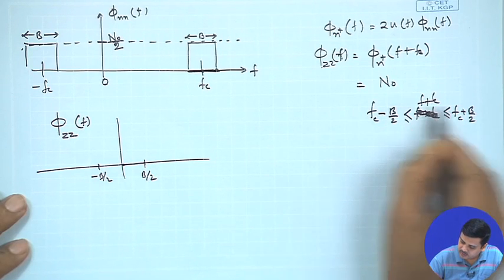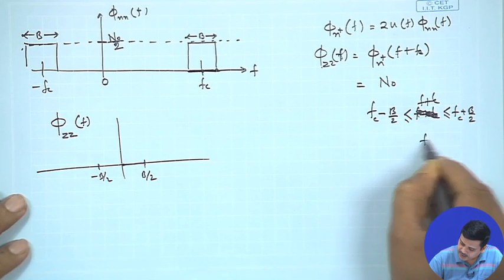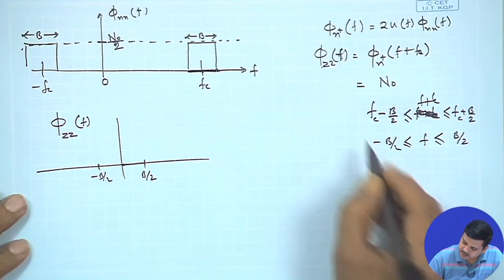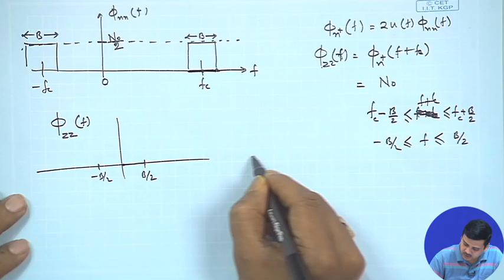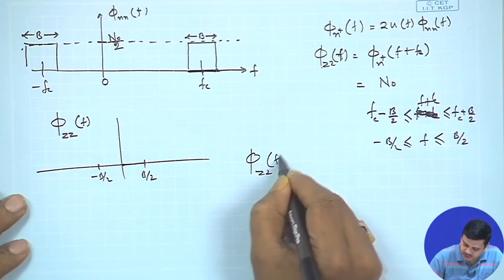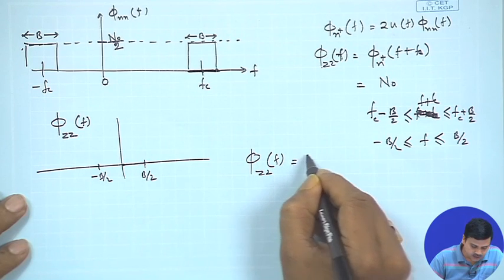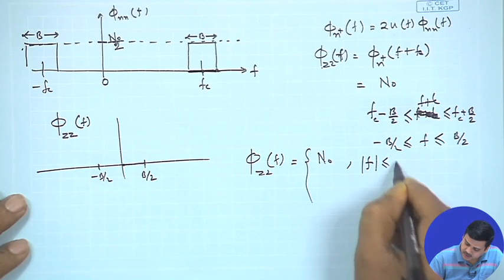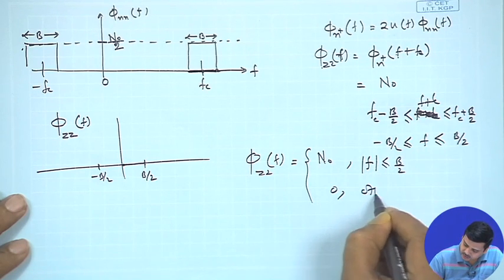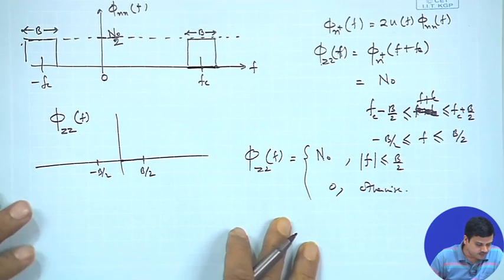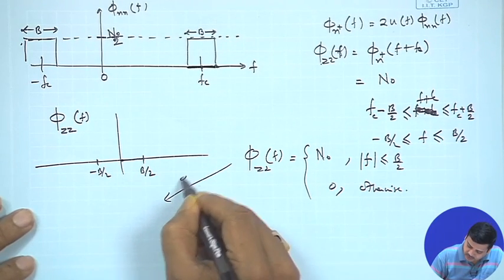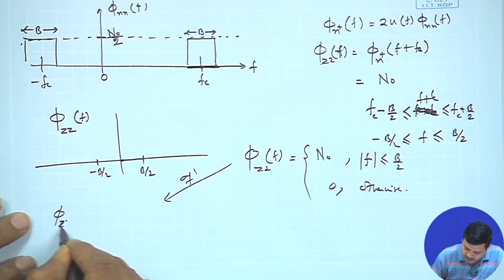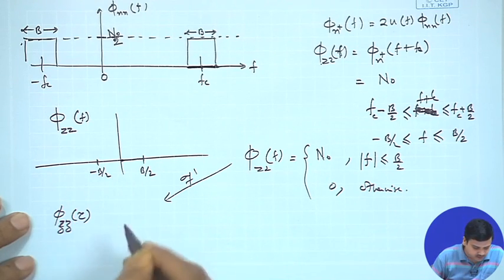If we now work on this equation, we get that for f lying between b by 2 and minus b by 2, this is equal to n naught. In other words, phi z z of f is equal to n naught for f less than or equal to b by 2 and 0 otherwise.